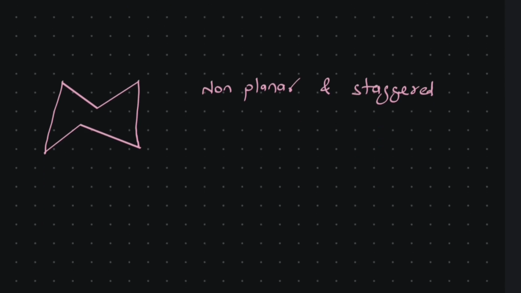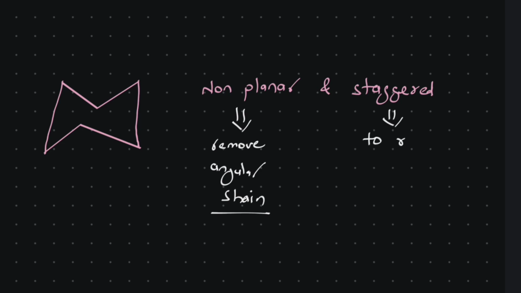Why non-planar? If it becomes non-planar, it will remove the angular strain. And if it gets the staggered structure, it removes the eclipsing problem, or we can say it removes torsional strain.